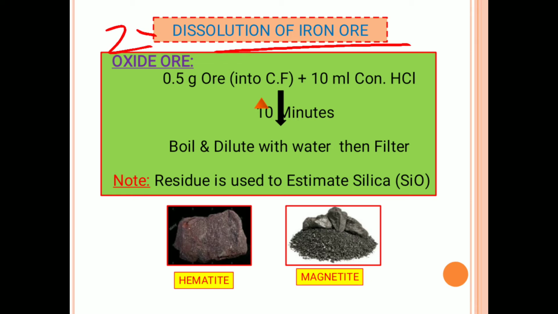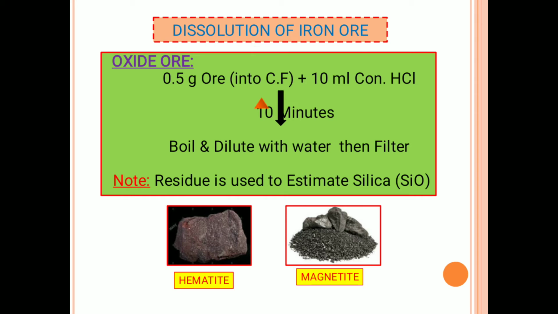As the iron ore is a solid material, for analysis of different constituents, the solid material must be converted into dissolved state. That is the reason why we need to go through this second stage, that is called dissolution.